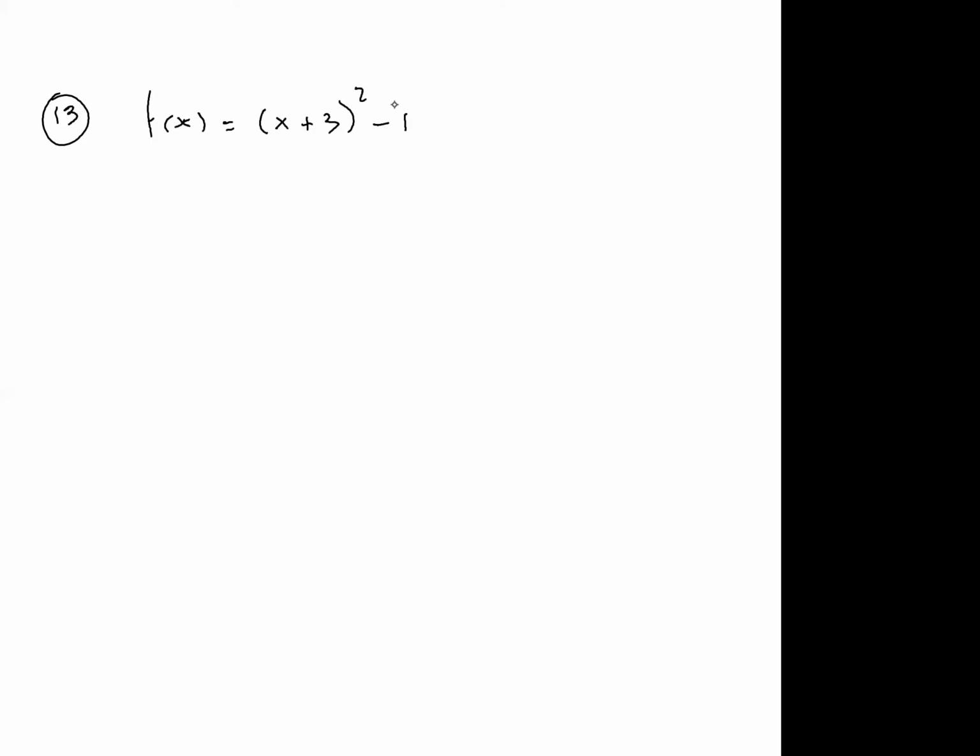The best way is to sketch the function. I remember that this one is h and this one is k, the vertex. My vertex is equal to -3, -1. Remember, I changed the sign because of the parentheses.